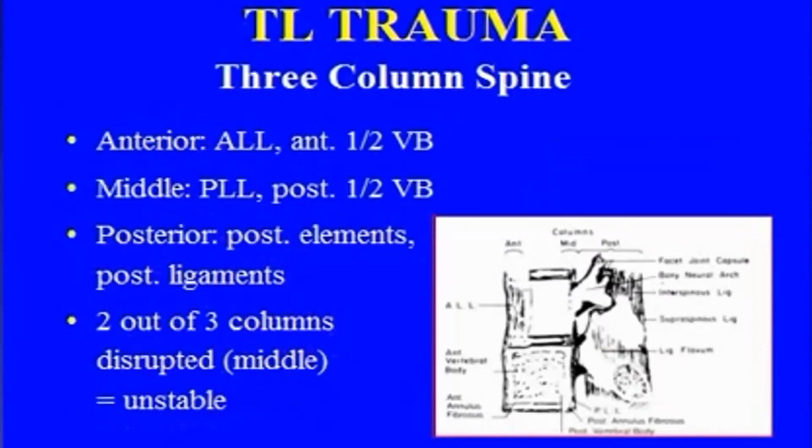But I usually stick to the Dennis classification, where you have the anterior longitudinal ligament and anterior half of the vertebral body, the middle posterior longitudinal ligament and posterior half of the body, and posterior elements. You have the posterior ligaments. When two out of three columns are disrupted, it tells you you have an unstable spine.